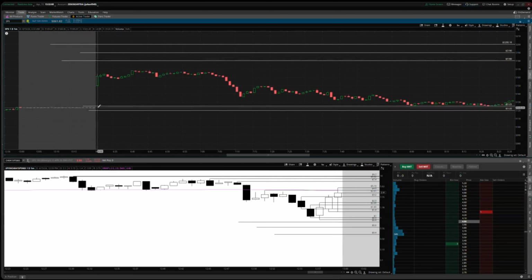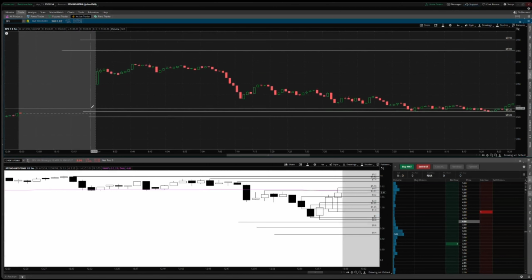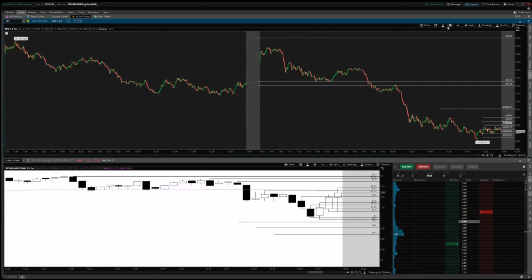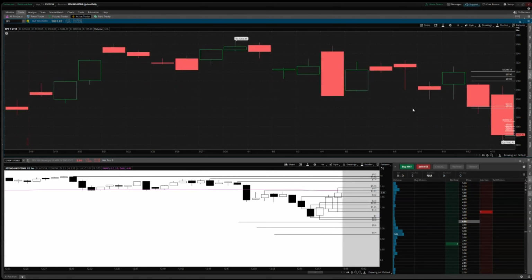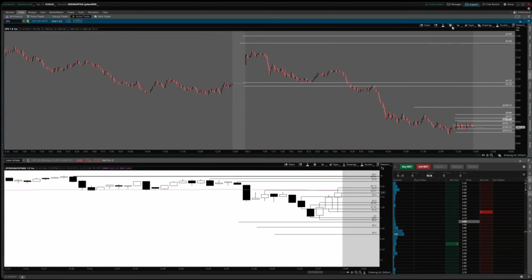And then here's the gap fill target, which was my initial target. Every time we gap up, especially with the price action, see, there we go.